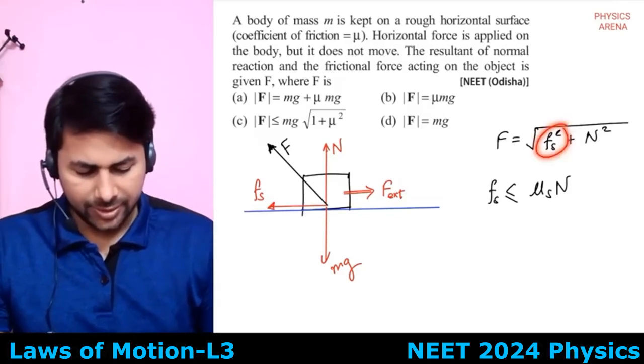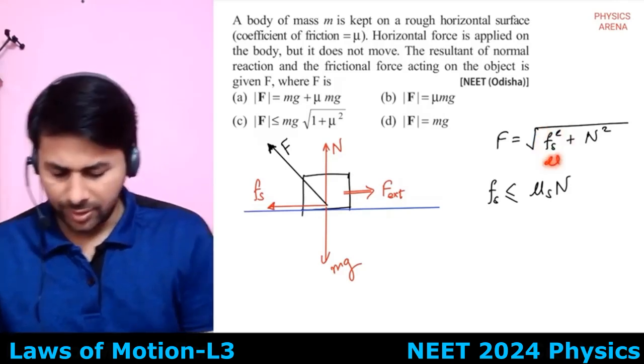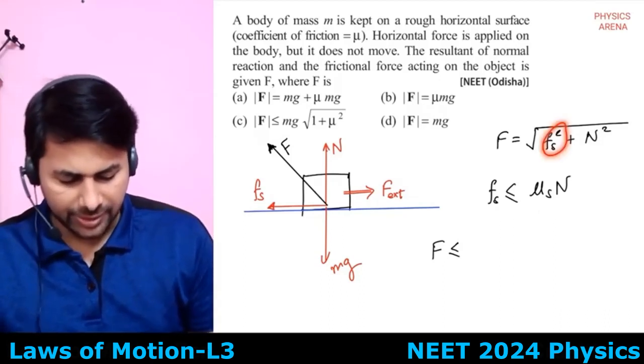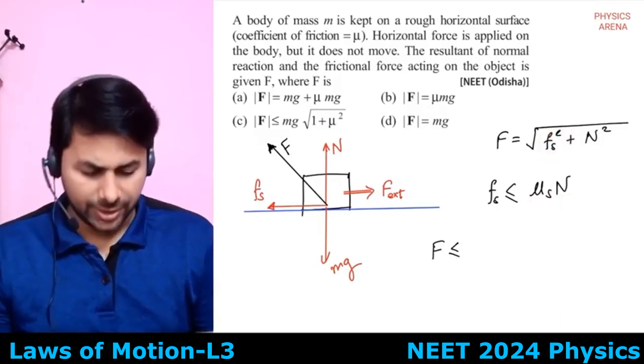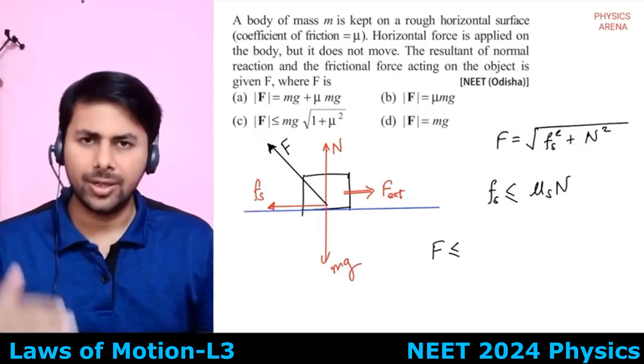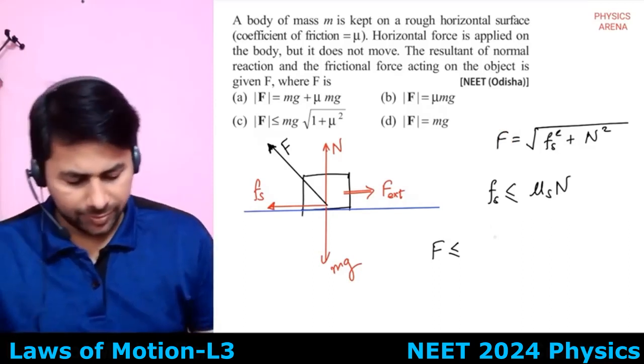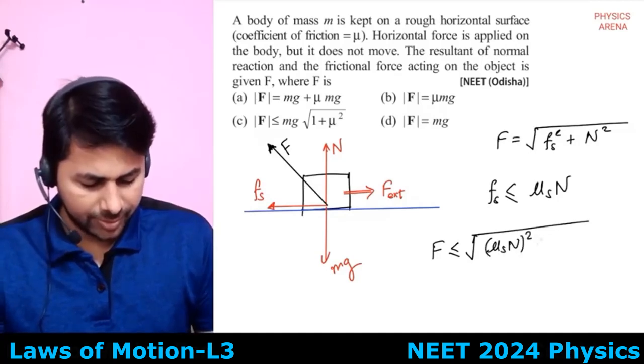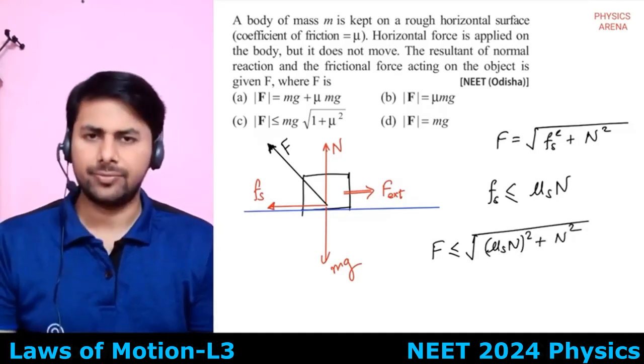So you can put that here. F will be less than or equal to the square root of (mu s into normal reaction) square plus normal reaction square.